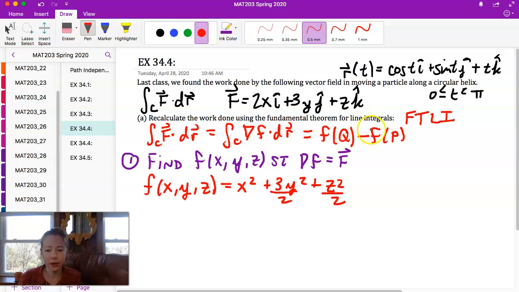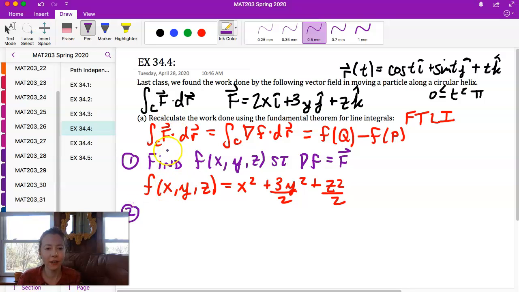Okay, and then if we check that, take the partial with respect to x, we do in fact get 2x i hat. Partial with respect to y, we do get 3y j hat. Partial with respect to z, we do get z k hat. Okay, so that works. Step 2.